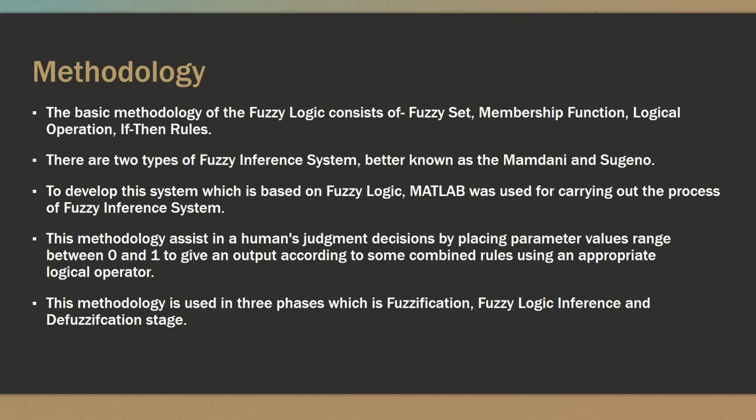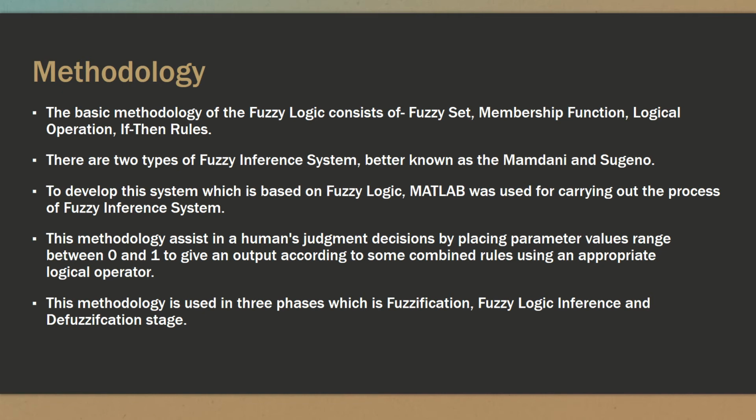The methodology used. The basic methodology of fuzzy logic consists of a fuzzy set, a membership function, logical operation, and if-then rules. There are two types of fuzzy inference systems, better known as the Mamdani and Sugeno. To develop this system, which is based on fuzzy logic, MATLAB was used for carrying out the process of the fuzzy inference system.